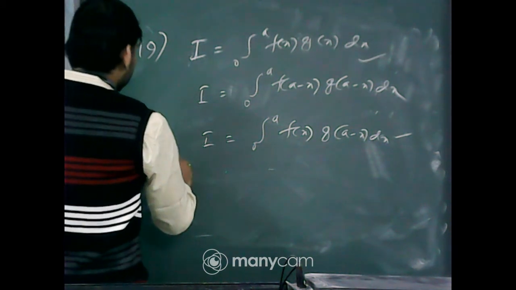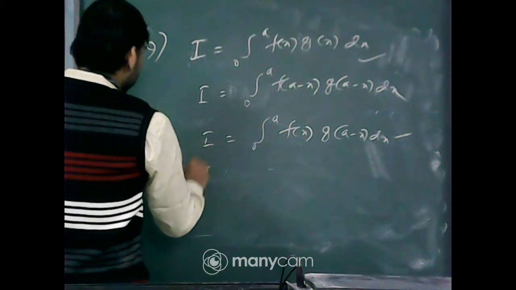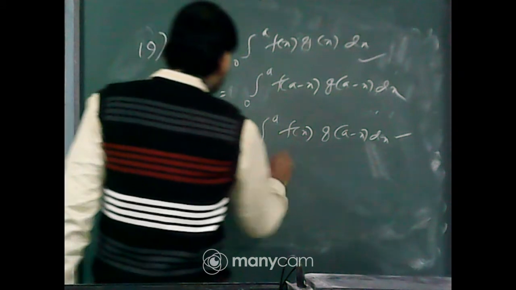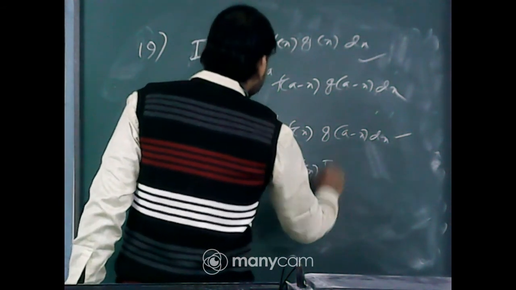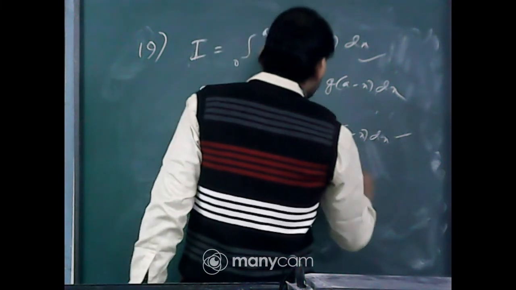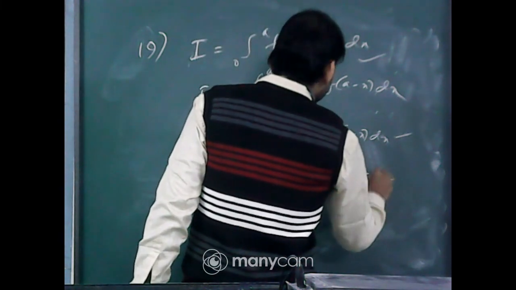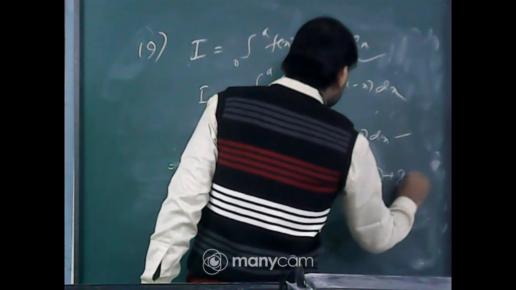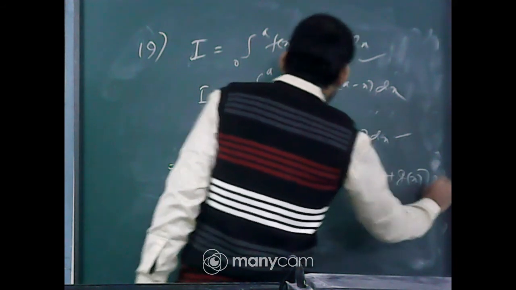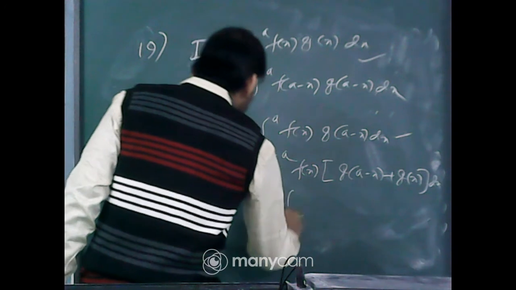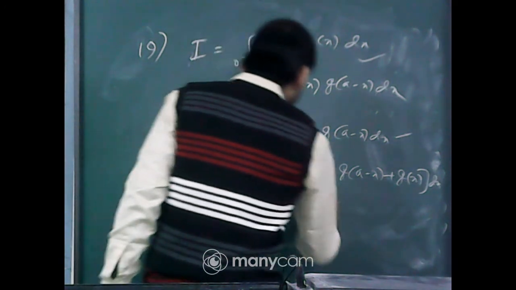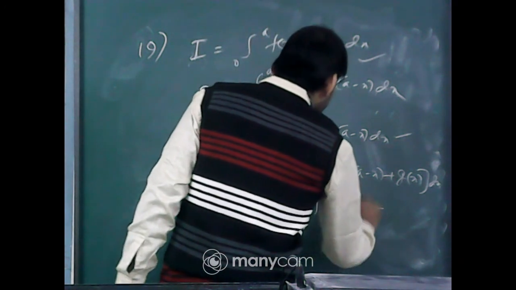So now the first form and last form, we are adding these two forms. So that is 2I equals integration 0 to a, whenever f x is taken common, it will be g of a minus x plus g of x, then dx. So I equals 1 by 2, 0 to a f of x into 4.